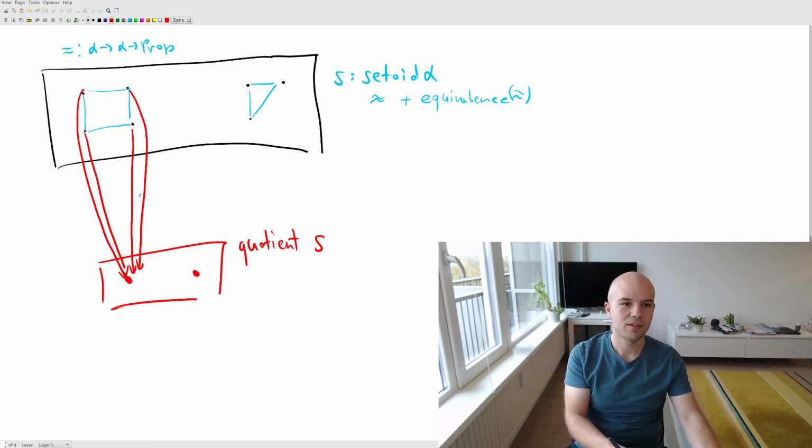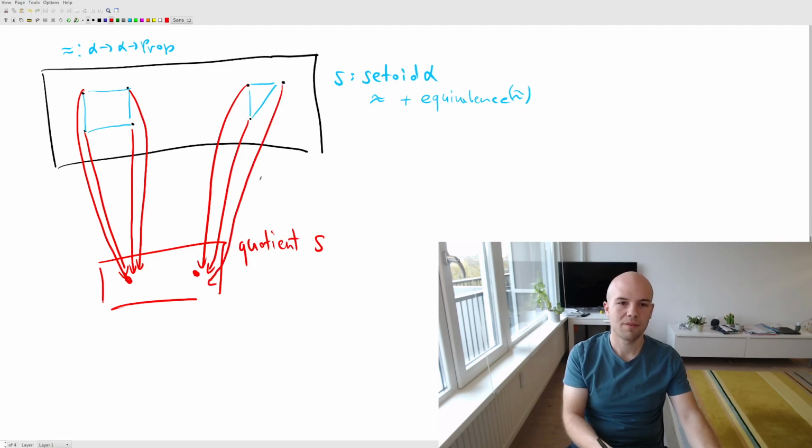And this map here is called quotient.make. It has a nice notation with these fancy brackets here.